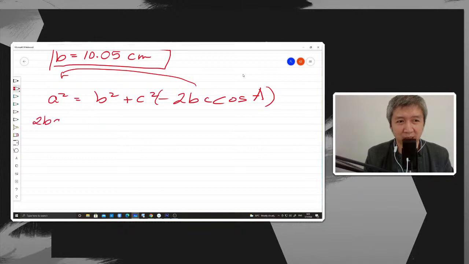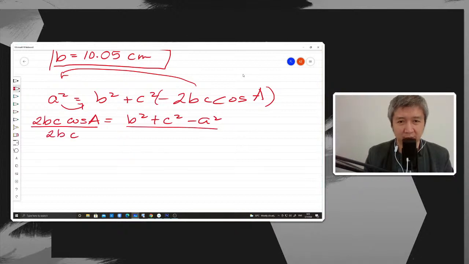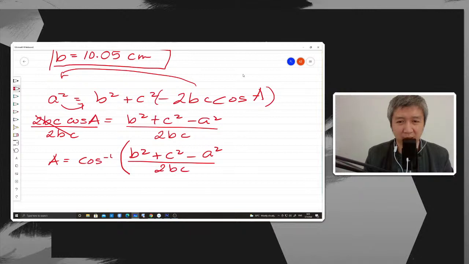So 2bc cosine A, and then b squared plus c squared minus a squared. Then 2bc and 2bc cancel. So A is equal to inverse cosine of b squared plus c squared minus a squared all over 2bc.